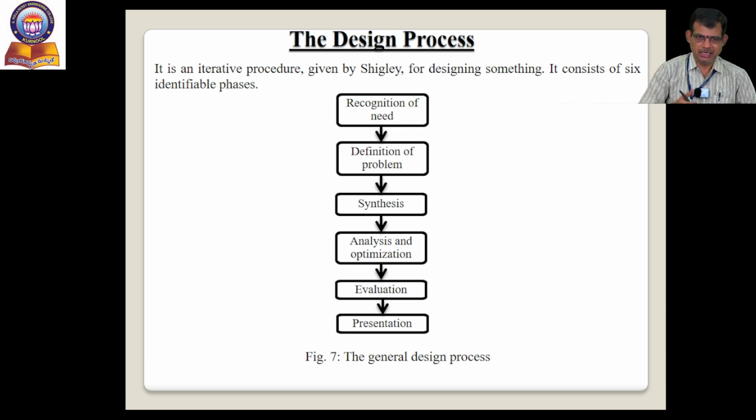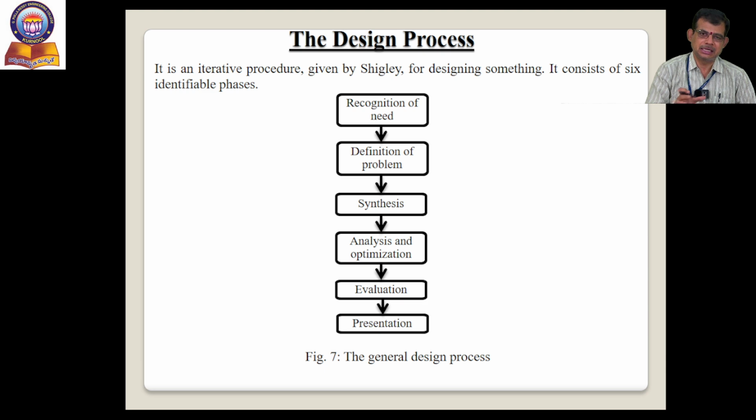Then he will carry out the analysis and optimization procedure. Still we require only one thing. So he will do all the analysis procedures on the components, the kinematic analysis and dynamic analysis on those design alternative solutions, and finally he will optimize one solution. After identifying one particular thing, its performance is evaluated in real-world conditions.